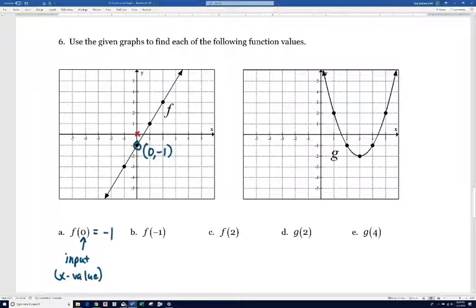And we can do the same thing with b. You might try it before I do. And so when x is -1, that would be this point on the graph. That's the point -1, -3. So when the input is -1, the output is -3 for this function. Now, there's another way I like to show students.